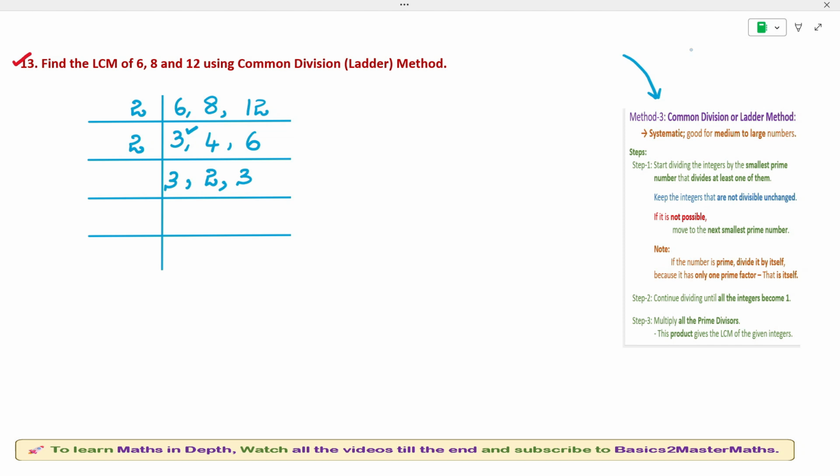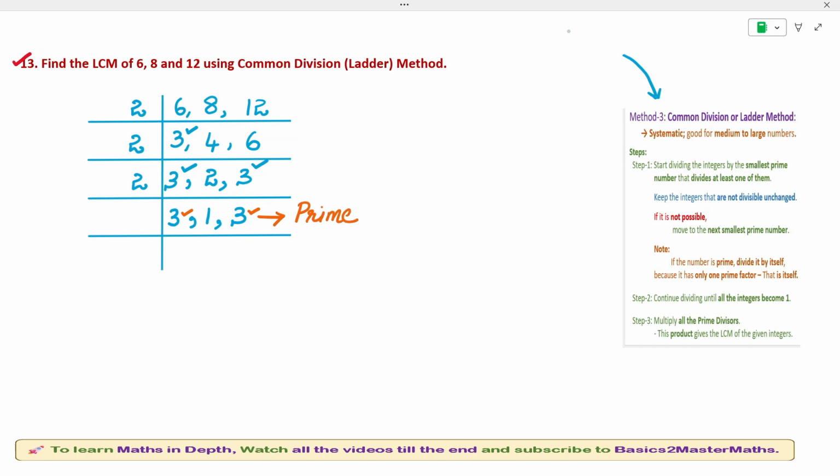Again, start dividing 3, 2 and 3 by the smallest prime, 2. Since 2 divides only 2 exactly, we get 1, while these two threes remain unchanged.